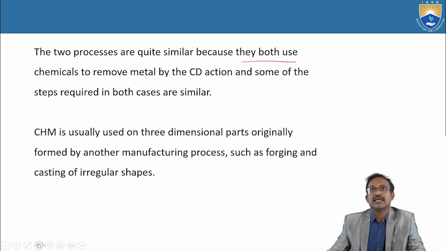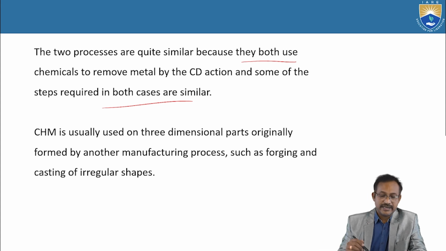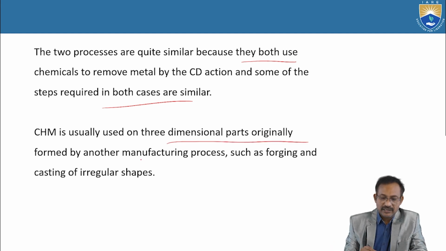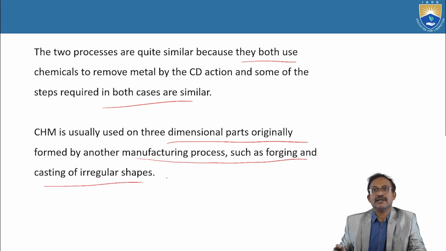More or less, chemical milling and photochemical milling are similar in terms of their steps or basic operations. An important point is that chemical milling is used on three-dimensional parts, formed by forging or casting of irregular shapes.